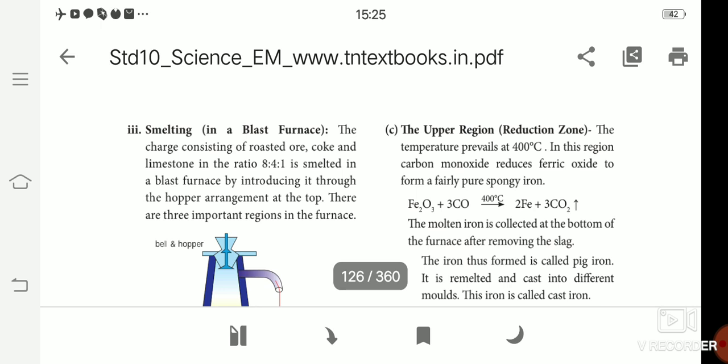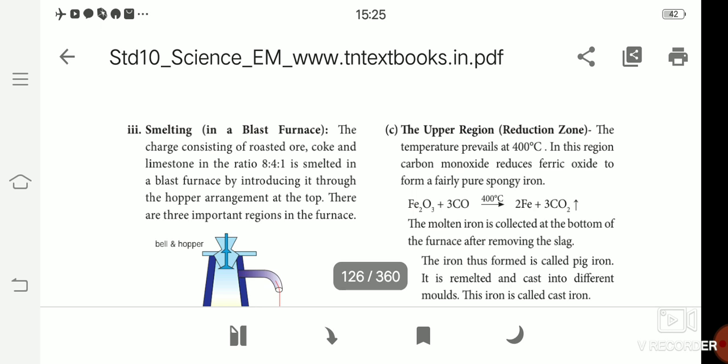Then the next is the slag reaction. Calcium oxide reacts with silicon dioxide to form CaSiO3, calcium silicate. These are the lower region and middle region reactions.